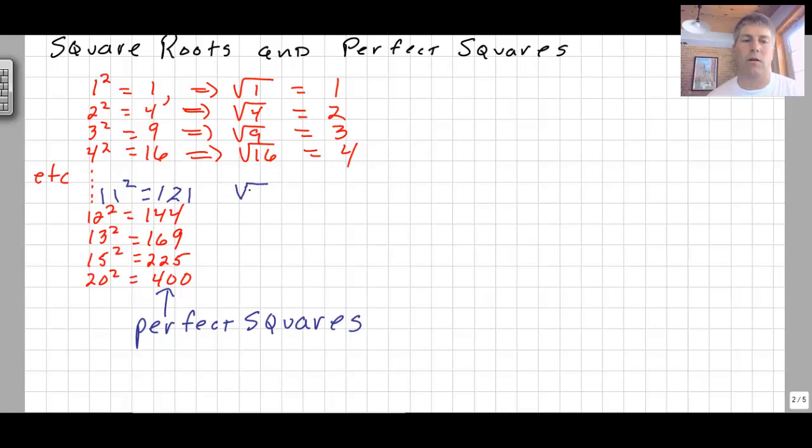So the square root of 121 equals 11. So I will expect you to know all of these. Commit these perfect squares to memory. 12 squared, 13 squared, 15 squared, 20 squared, and of course if you can do 20 squared, you can do 30 squared, and so on.